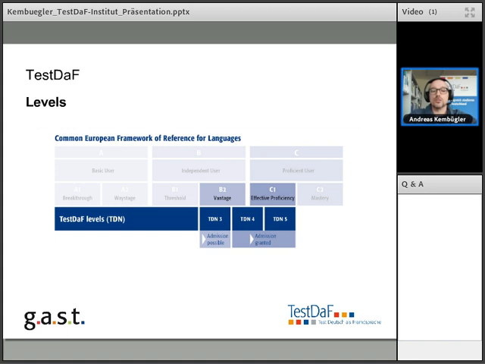Those universities often accept the TestDaf level 3, so the level B2. To give you an impression which language level is needed, you generally reach TestDaf level 3 after 600 to 800 hours or lessons of German.